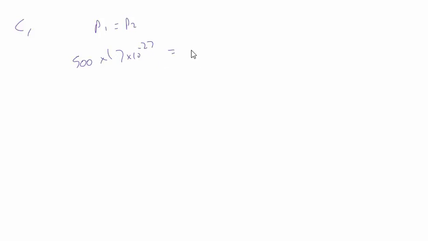And afterwards we know we have minus 420 meters per second because it's going in the opposite direction, times 1.7 times 10 to the minus 27, plus the unknown v times 2.0 times 10 to the minus 26.